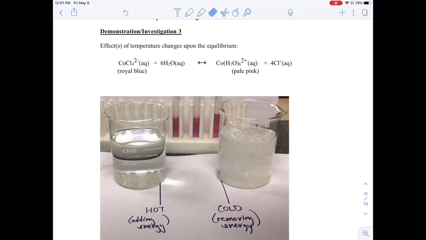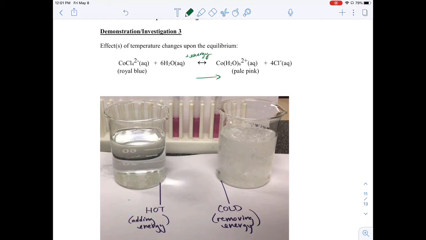So before we show you the evidence, because this is a place that's really easy to get confused, if this reaction is endothermic, the energy is written as a reactant, right? And so if I heated up a system that had energy as a reactant, the system would shift this way.